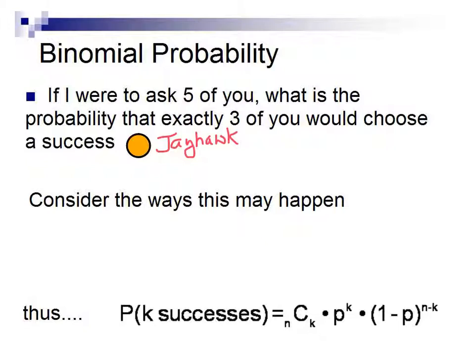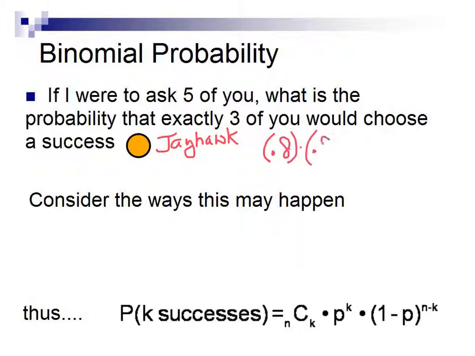The combinations. Oh, well, not even that. Let's just look at the probability of getting those Jayhawks. I'm going to ask 5 people. I need 3 to say Jayhawk. So the probability of a Jayhawk is 0.8 and means multiply.